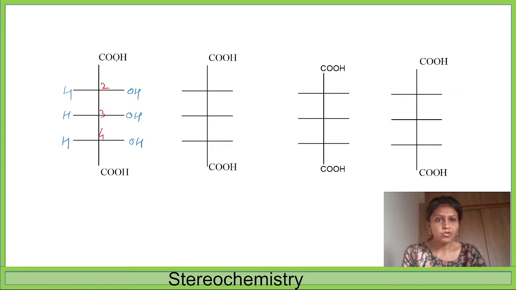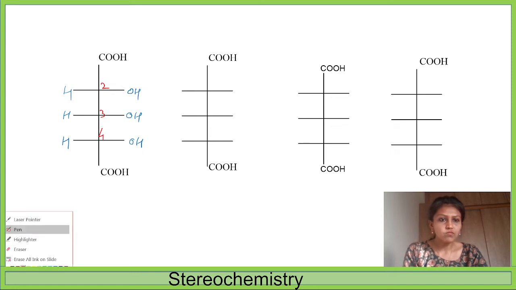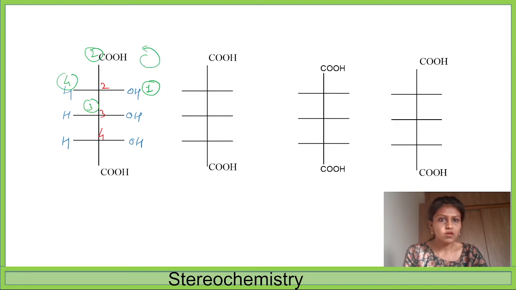Now for carbon number 2, 1 is given to OH, another one 2 is given to CHO group, and this is the third number, and this is the fourth number. So 1, 2, 3, that is anti-clockwise, so R, but 4 is present over here, so R becomes S. So it is 2S configuration, right? Okay.